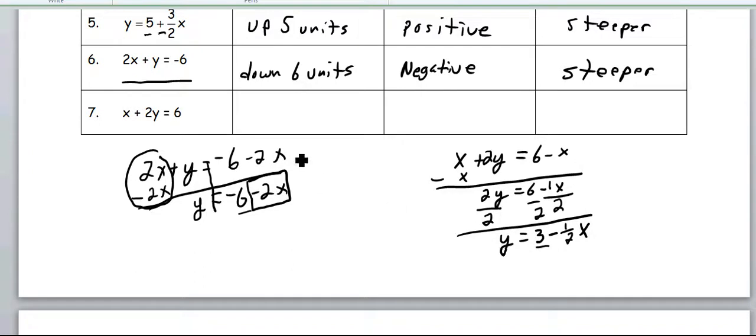Well, the 3 tells me that it shifts up 3 units. The -1/2 tells me I'm going to have a negative correlation. And the 1/2, just this part without the positive or negative, is less than 1, so it is shallower.